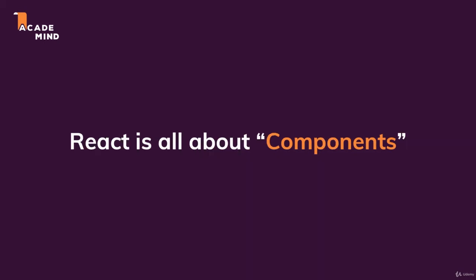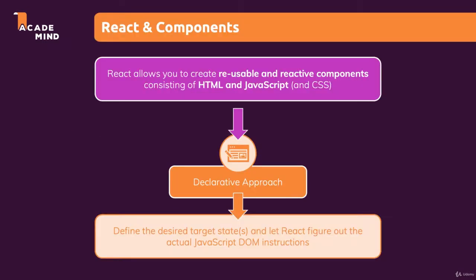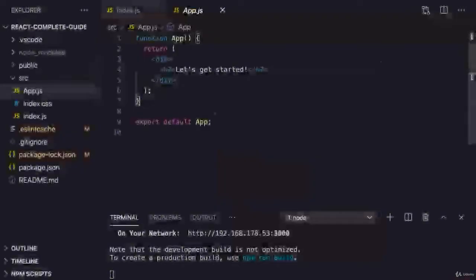We build those components, and a component is basically just a custom HTML element. And we do that with this declarative approach, as I mentioned, which means with React, we define the desired target state, and React is then responsible for generating and running the actual DOM instructions which update what's visible on the screen. And we can see this here.